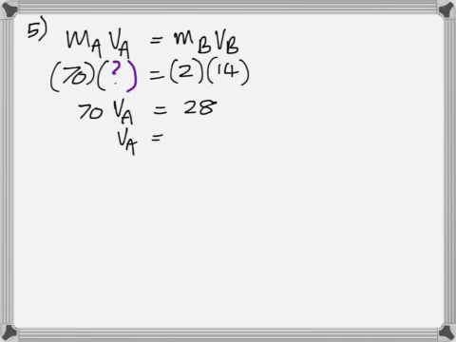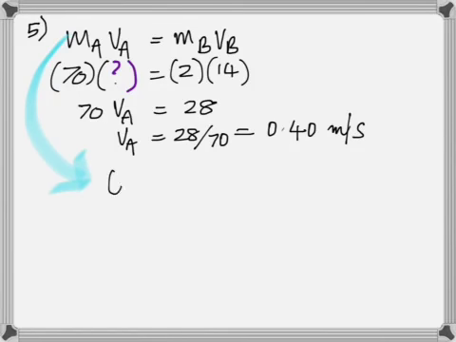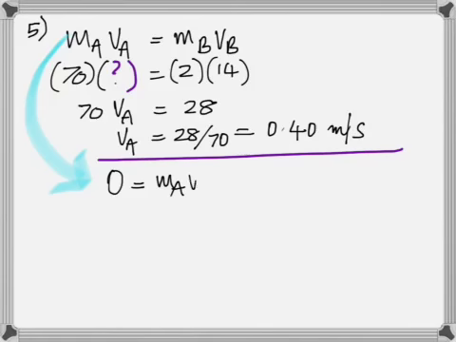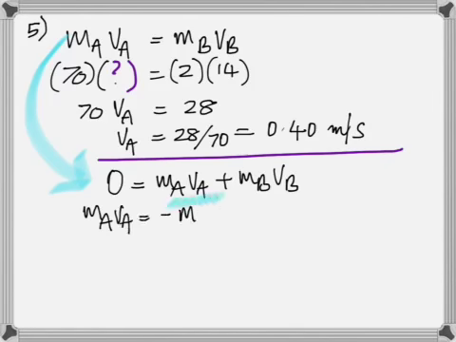So you get 70 v is 28, and v_A is 28 by 70. That gives you 0.40 meters per second. Now actually the initial momentum is 0 because both the astronaut and the hammer are not moving, and therefore the initial momentum 0 should be equal to the total final momentum, which is this.